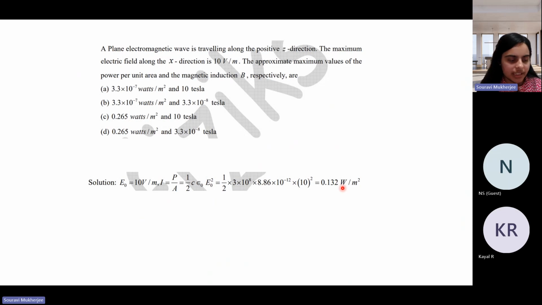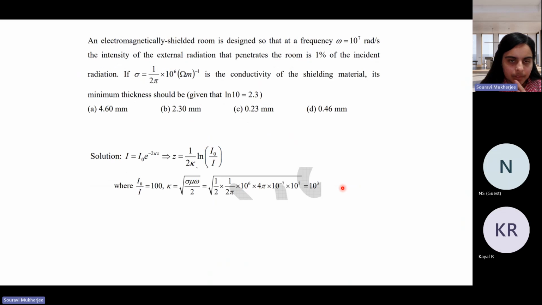If you start with that relation, what will you get? You'll get a relation between electric field and magnetic field, and this is something we have previously discussed. What is that?